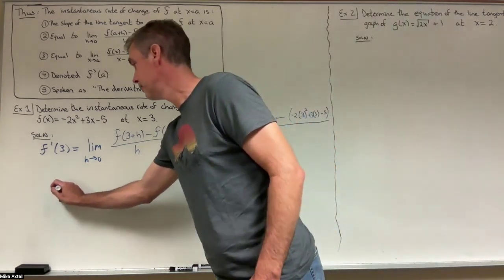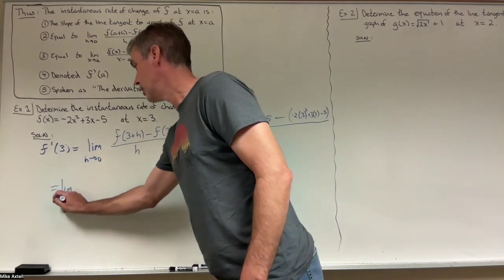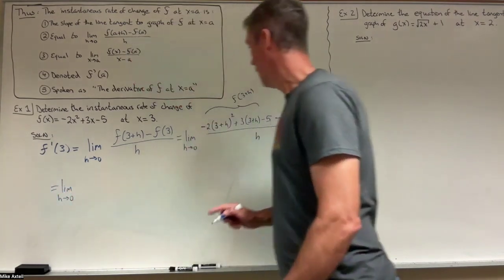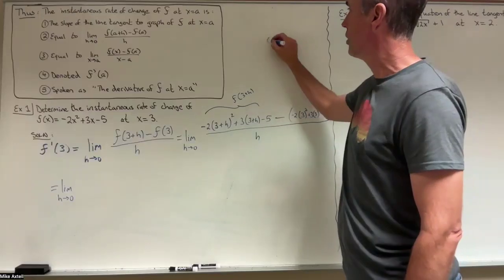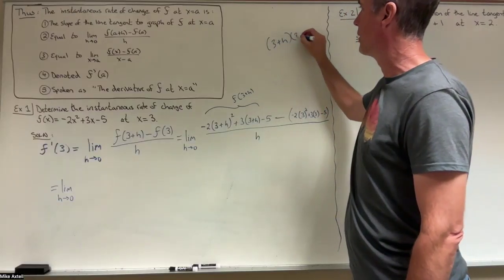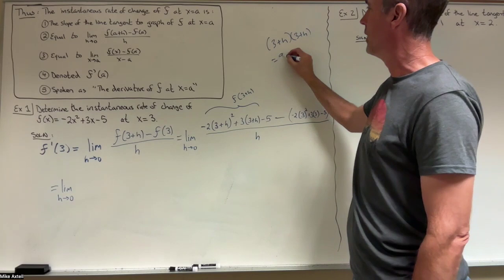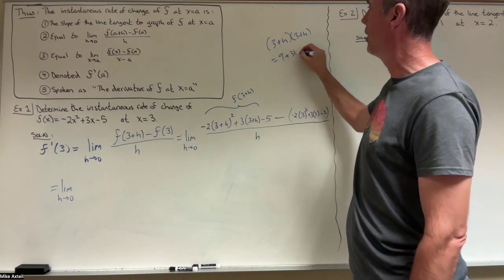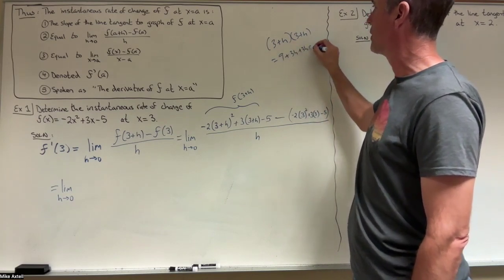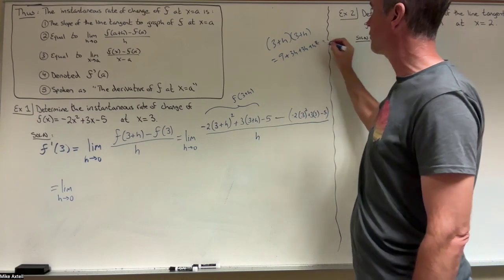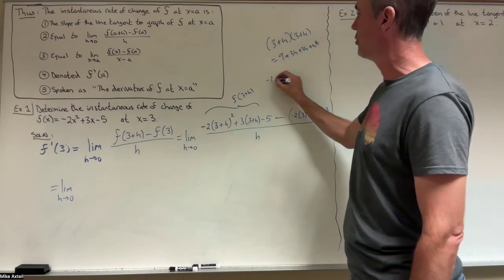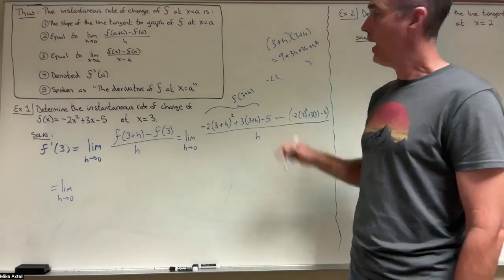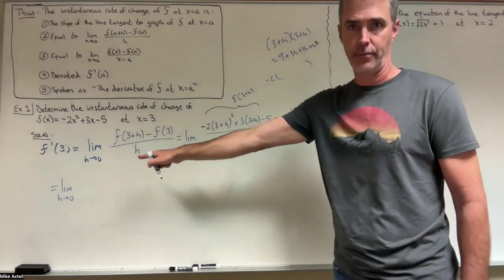Let's go down here. Limit h approaches 0. First off, let me take 3 plus h and multiply it by 3 plus h. That's going to give me a 9 plus a 3h plus a 3h plus an h squared. And then I'm going to run a -2 through it, and write the answer down on my main line.